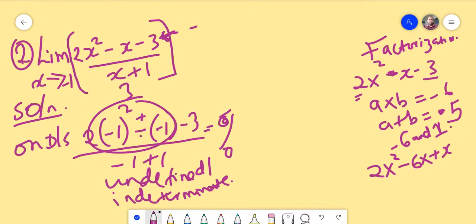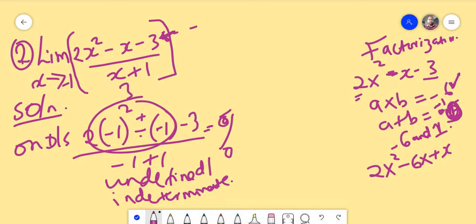We want the product to be 2 times minus 3, which is minus 6, and we want the sum to be minus 1, isn't it? So which two numbers have a product of minus 6 and a sum of minus 1?